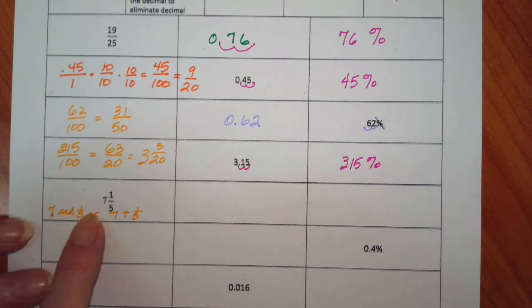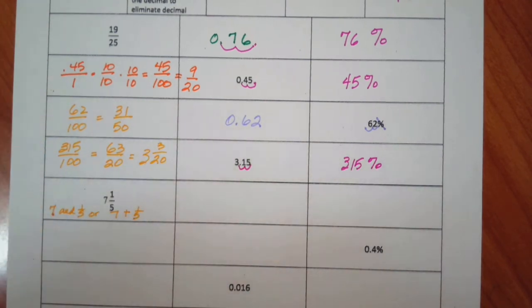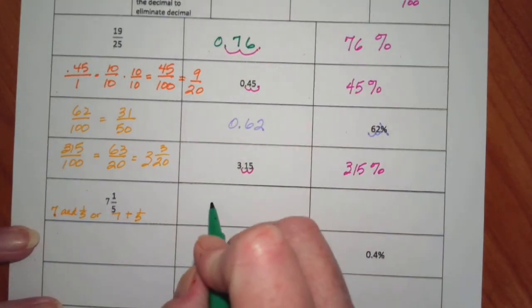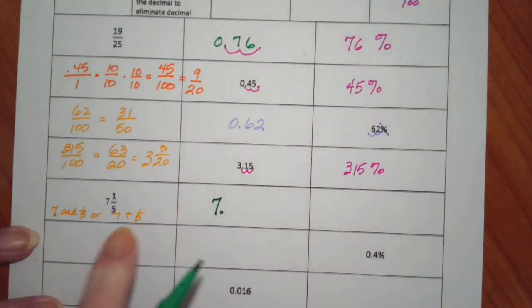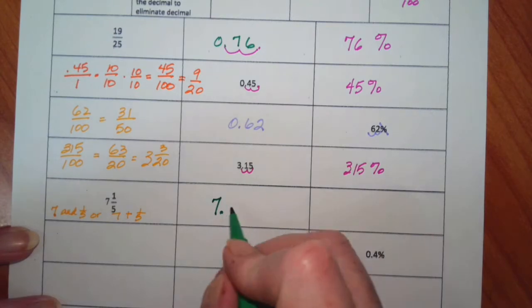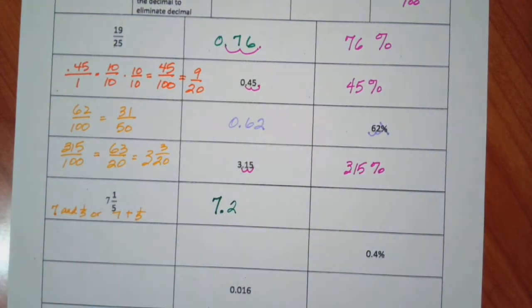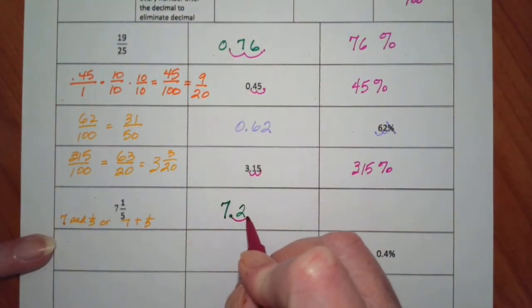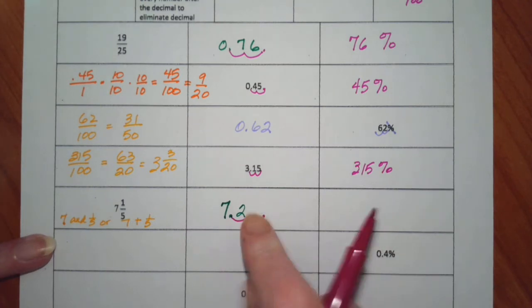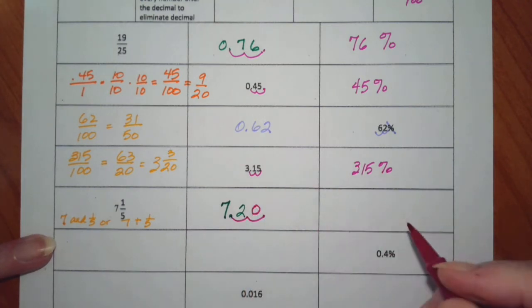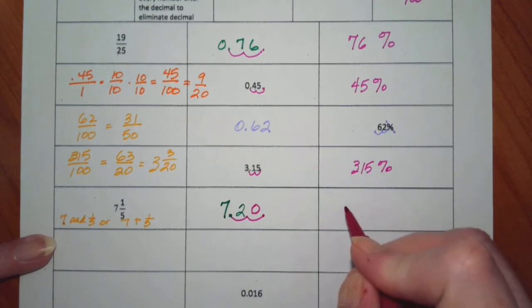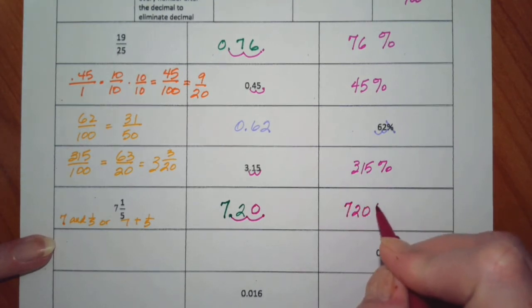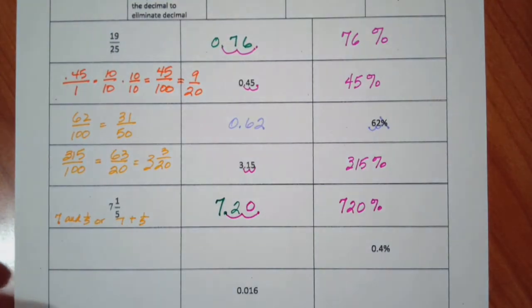So I know if I'm going to go from here to a decimal, then it is just 7, and 1 divided by 5 is 0.2. Now if I want to turn this into a percent, of course, I'm going to take this 2 places to the right. I don't have a digit here, so I'm going to have to fill it in with the 0. So this becomes 720%.